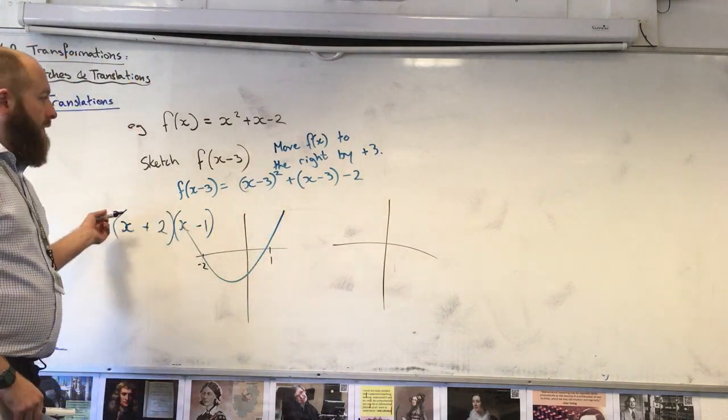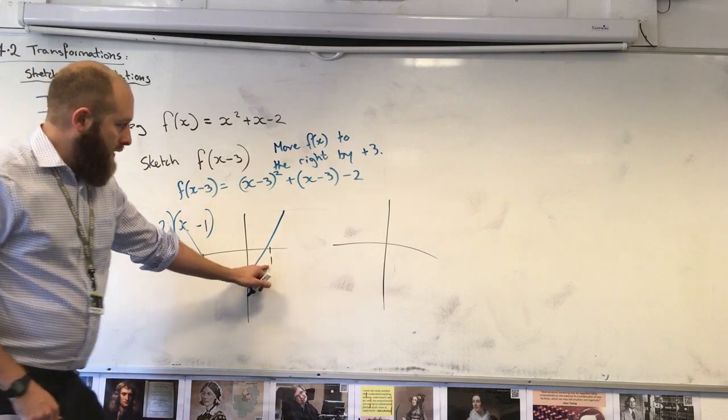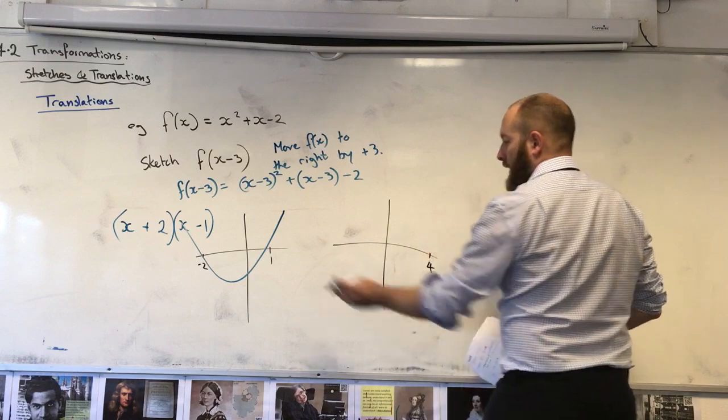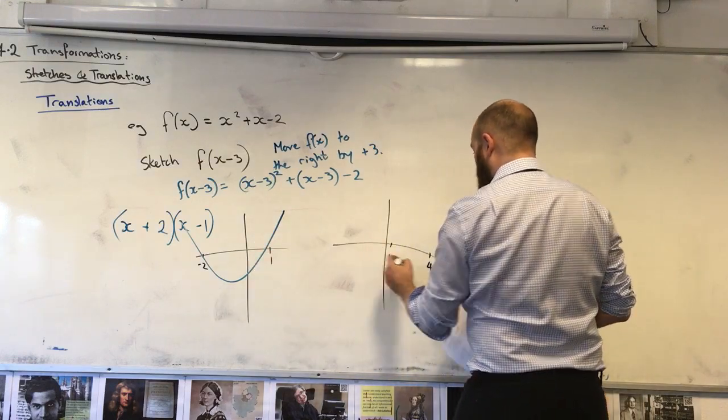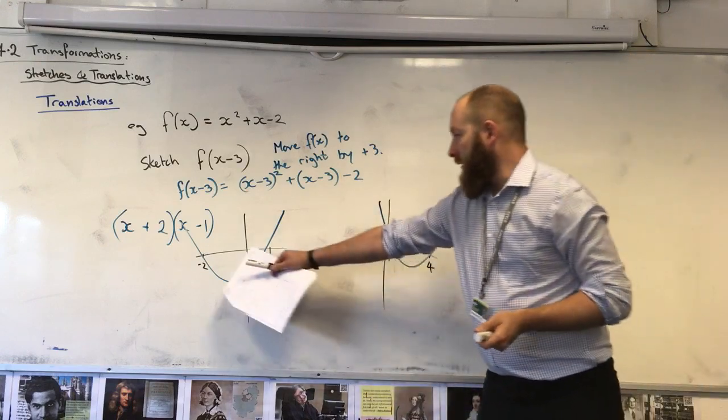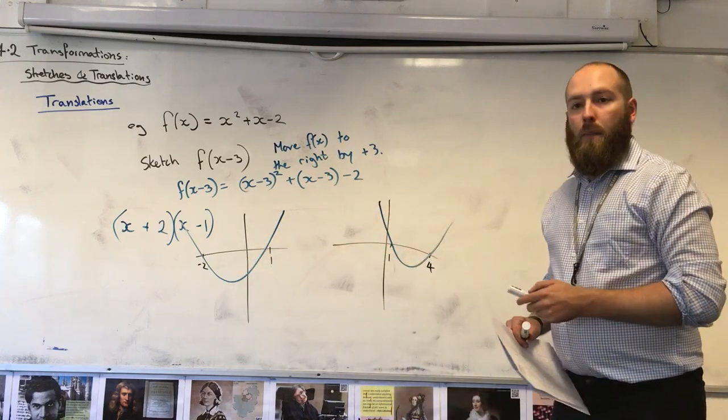Something like that. If we're moving it to the right by 3, this point's going to become 4. This point is going to become positive 1. So we can see our quadratic is moved to the right by 3.